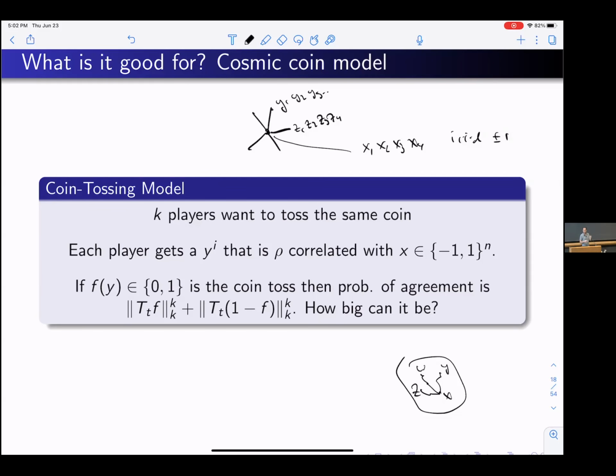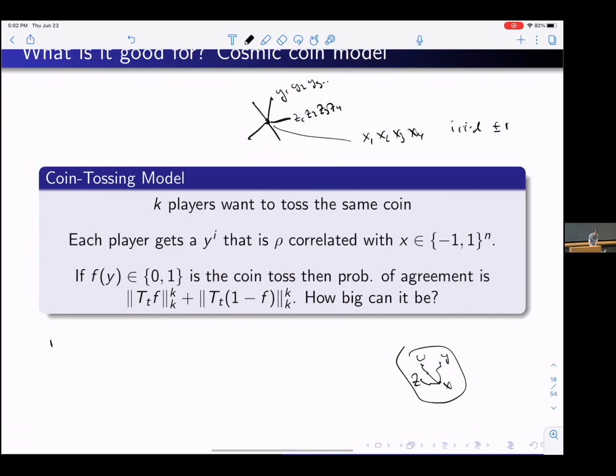One option is for all of us to take bit number 1. So let's take x1, y1, z1, and so forth. Then what's the probability they will all agree? It's essentially 1/2 times (1 minus e to the minus t) to the number of players, plus 1/2, something like that.